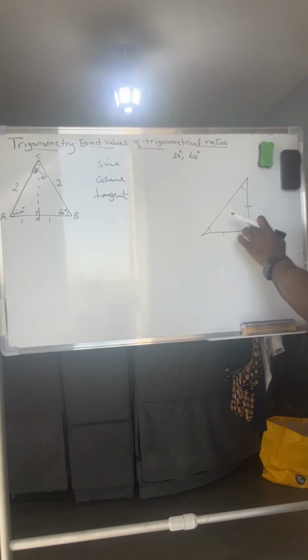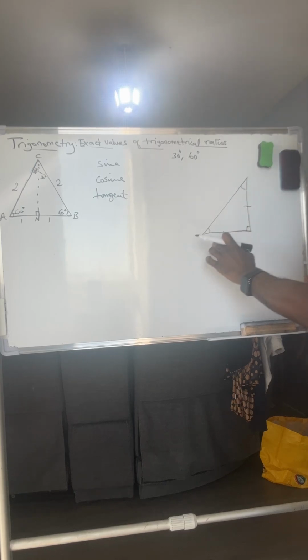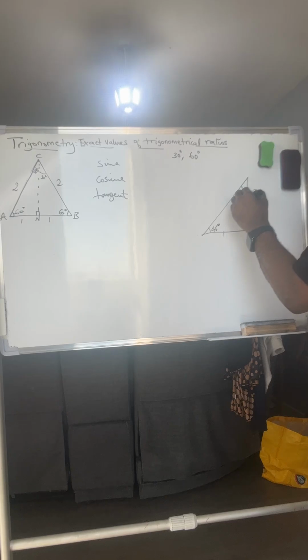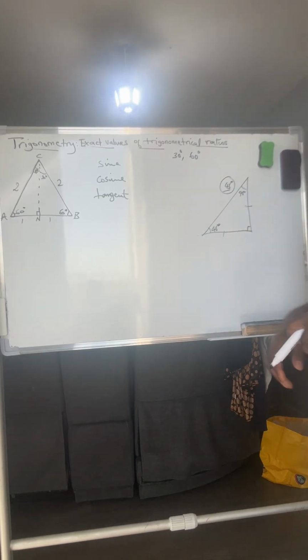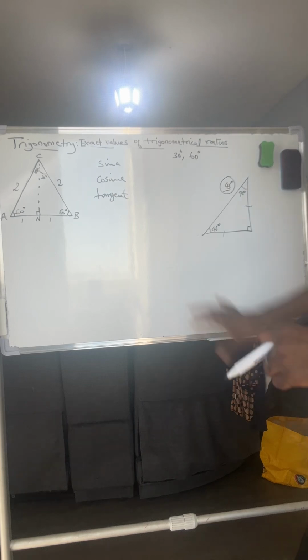So if this is 90 degrees and this side is equal to this side, this one here must be 45 degrees and this is 45 degrees. 45, 45, 90 plus 90, 180. So when we look at this triangle, we'll be able to have our 45 degrees calculation. But for now, we'll concentrate on this one.